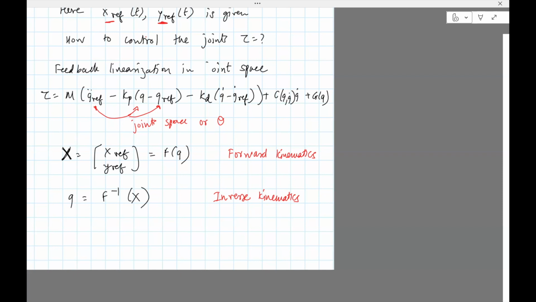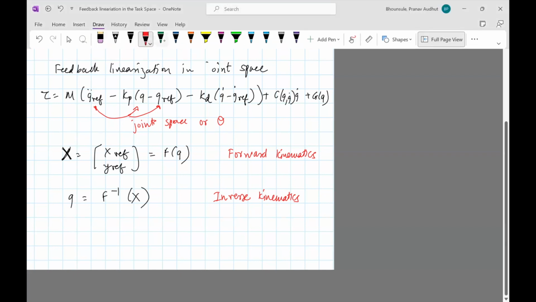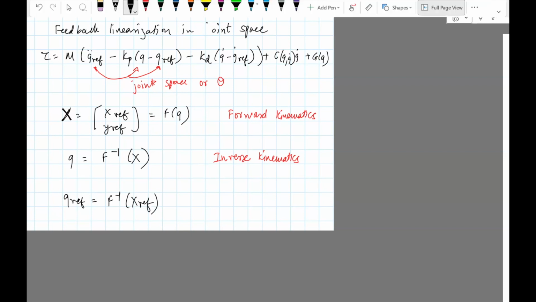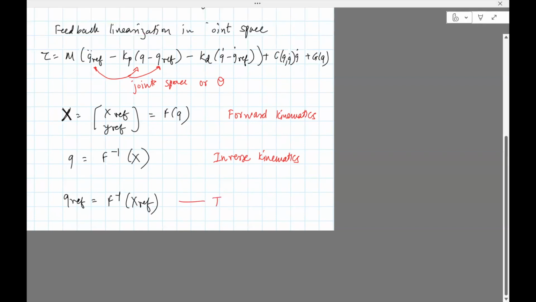So let's call this our first equation, or rather, let me do it this way. This is q ref equals f inverse x ref. Let's call this equation 1. How do we solve this?